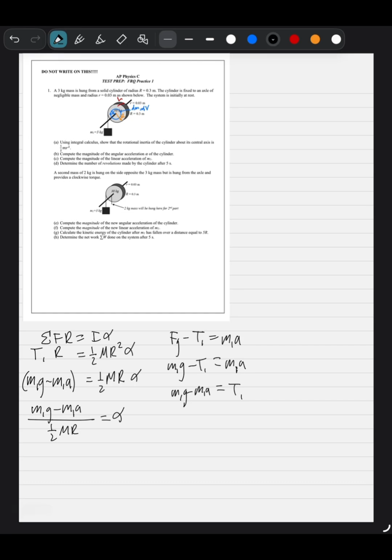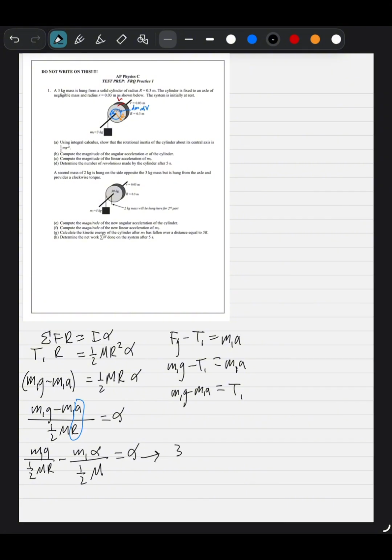I'm going to separate it, and what that would let me do is turn a over r into angular acceleration. We'll plug in the numbers.